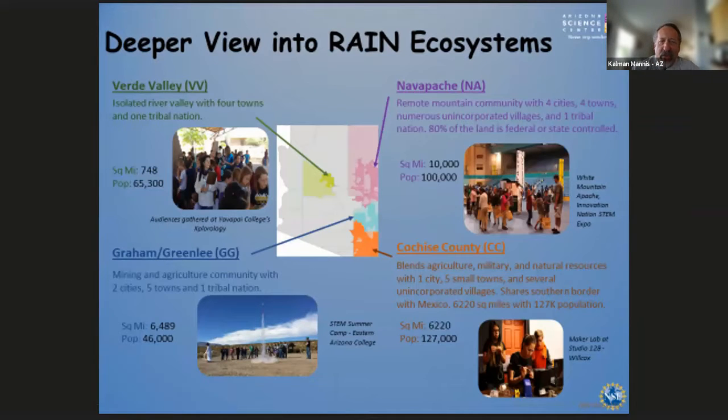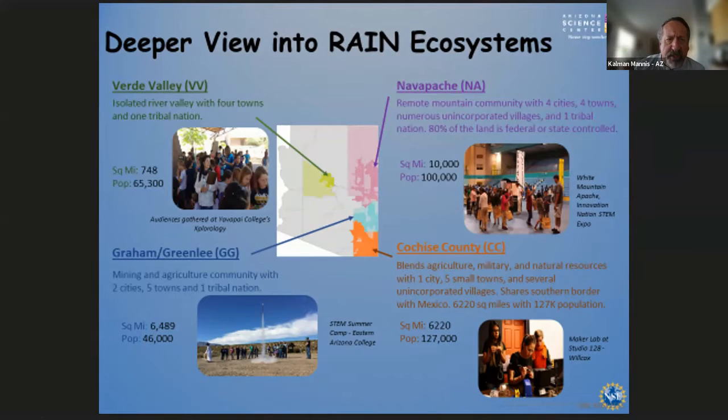Perfect. So this is the RAIN ecosystem. RAIN is the Rural Activation and Innovation Network. We were initially funded by NSF to study and then help co-create ecosystems in rural Arizona. These are the 4 areas that we work in.